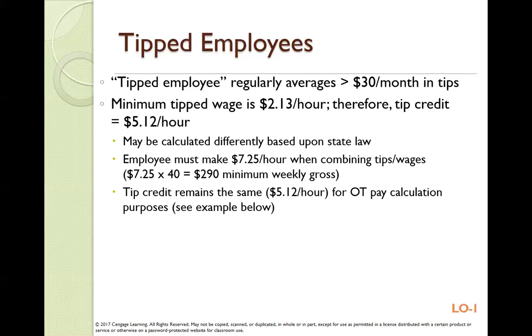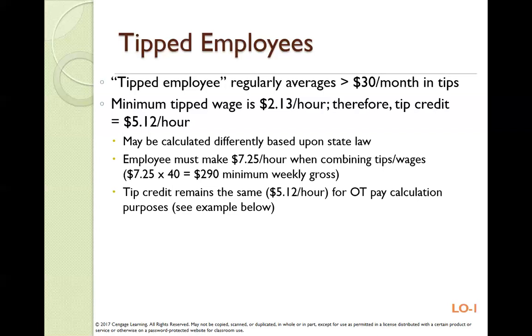So all total, if they work a full 40 hours a week, they need to be making at least $290. Part of that is the $2.13 an hour times 40. I think it's like $85.40. So that $85.40 is what the employer is paying them in wages.